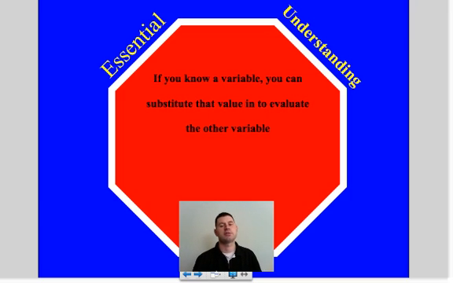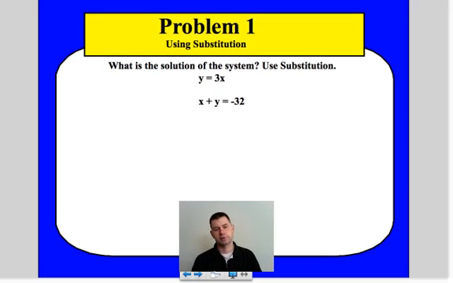Essential to understanding here is to know that when you have two equations with two variables, if you know one, you can plug that in by the substitution method and evaluate the other. So, problem number one, using the substitution method: we know what y equals. Y is equivalent to 3x.